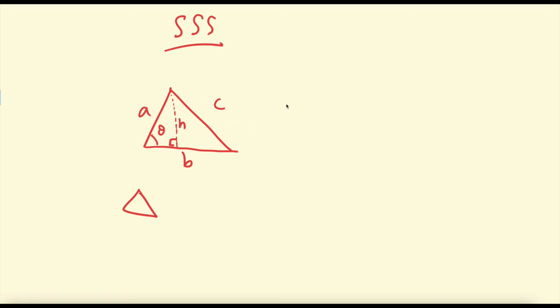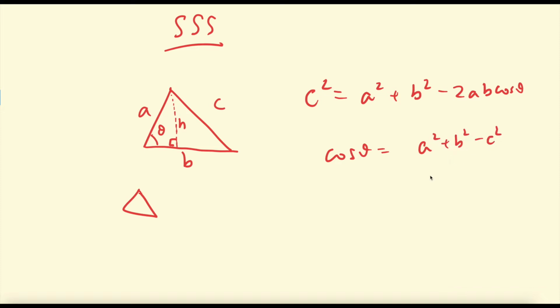According to the law of cosines, c square is equal to a square plus b square minus 2ab cos theta, which gives cos theta is equal to a square plus b square minus c square by 2ab.